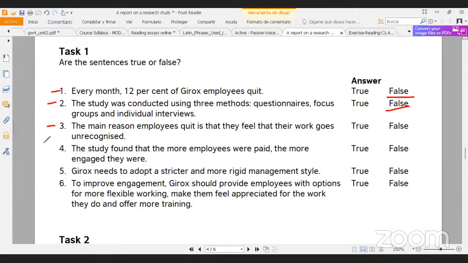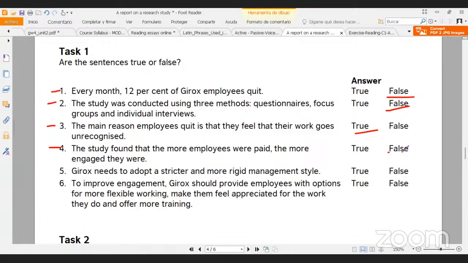3, Audrey. The main reason employees quit is that they feel that their work goes unrecognized. True? It's true. Writer, 4. The study found that the more employees were paid, the more engaged they were.